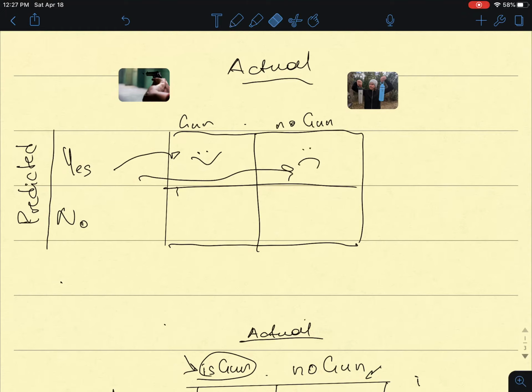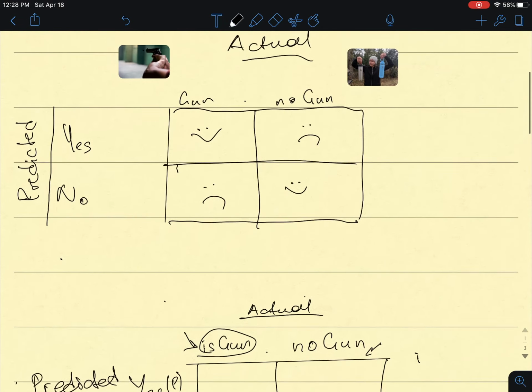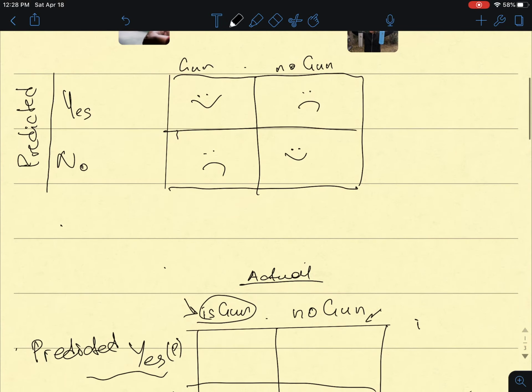We're sad because the model did something that we didn't want it to do. There is a gun and the model predicted no. Again, we're sad because there is a gun, but the model says there is no gun. We are unhappy. And finally, there is no gun and the model says no gun. So we're happy.